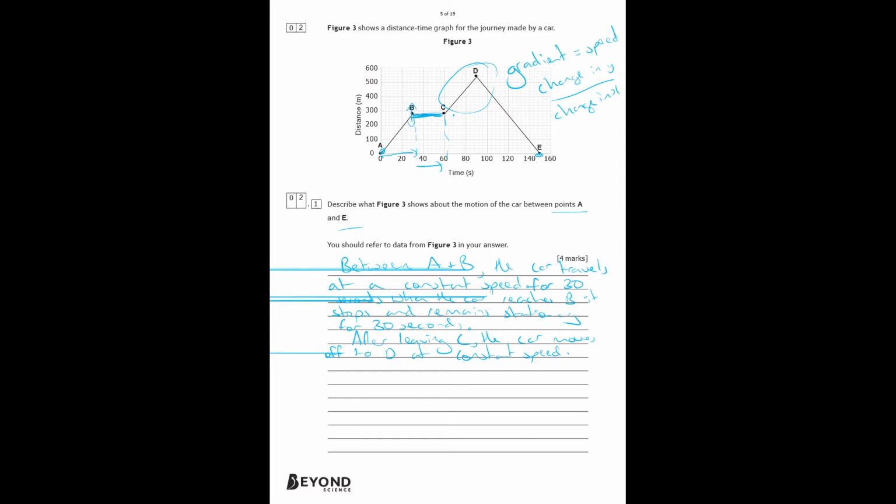In 30 seconds, it's travelling from 280 to 540 meters. So 280 to 540 meters is 260 meters. This car has travelled 260 meters and it's taken 30 seconds to do so. Therefore, its speed is 260 meters per every 30 seconds.